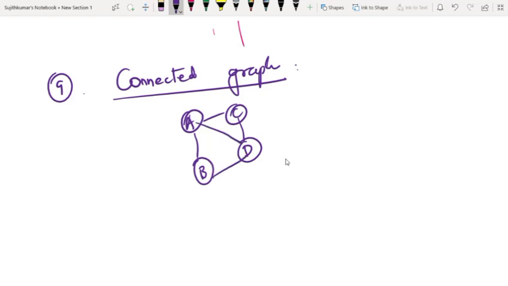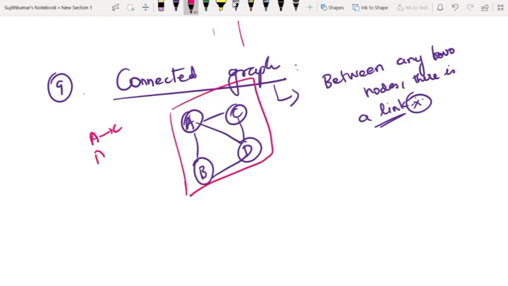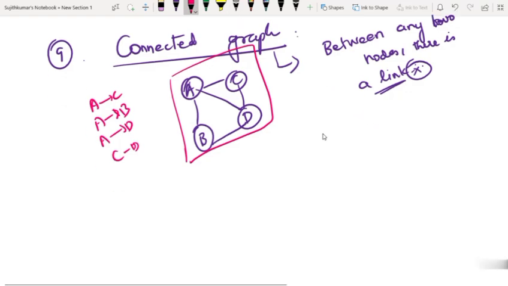The traditional definition is that between any two nodes there is an edge, a connection, or a link. That's how we can define the connected graph. See, this is a connected graph. From A to C you have a connection, from A to B you have a connection, A to D you have a connection, C to D. Between any two nodes you have a connection. That's why it's called a connected graph.